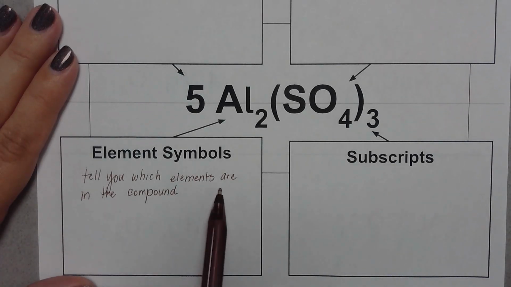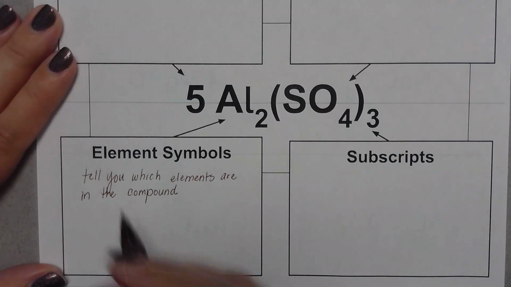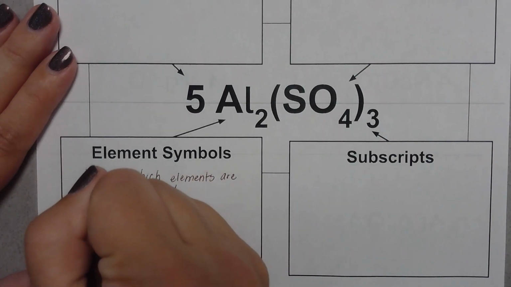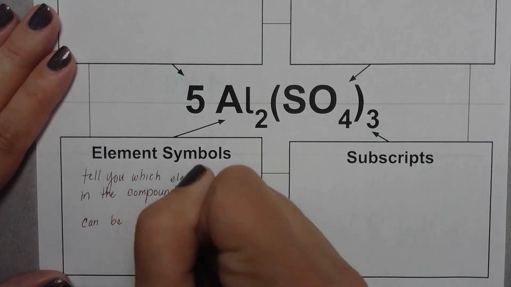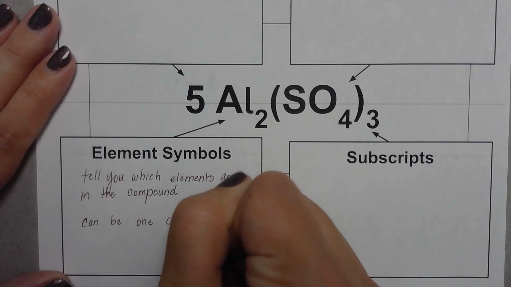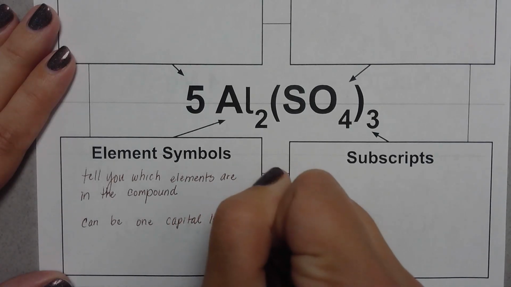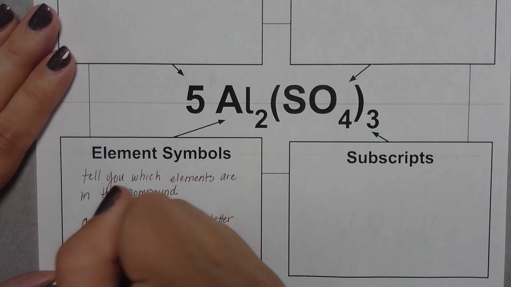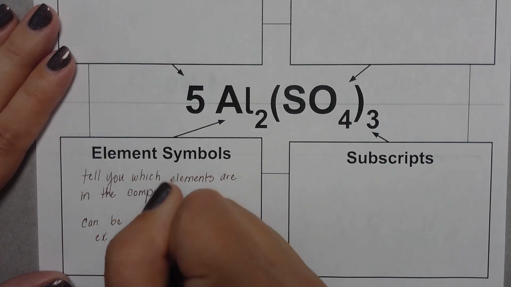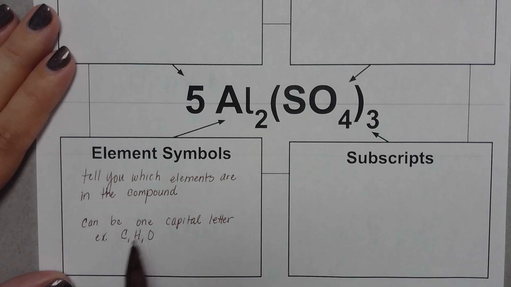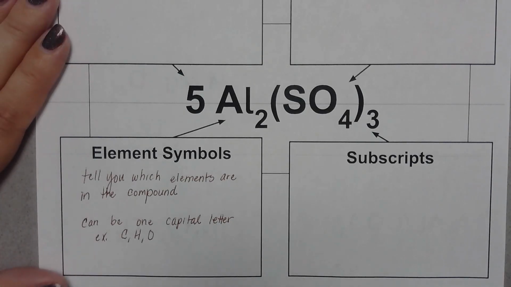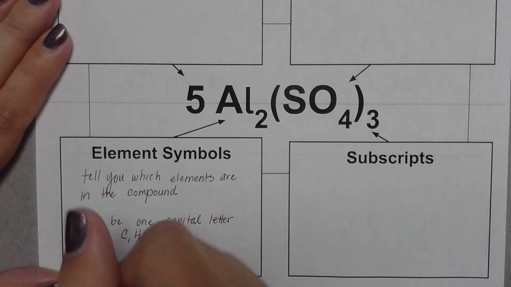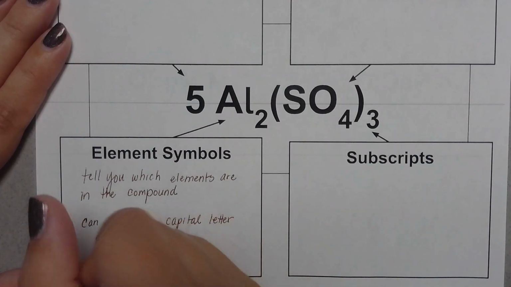So it tells you which elements are in the compound. Element symbols can be one capital letter, so for example, carbon, hydrogen, oxygen, these are all element symbols where they're just represented by one capital letter, or they can be one capital letter and one lowercase letter.